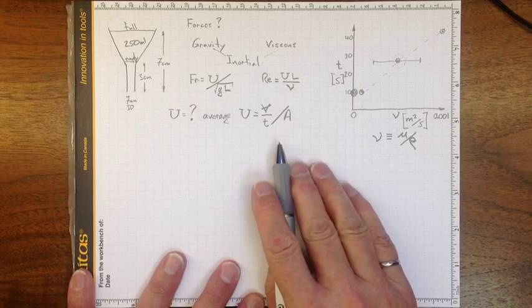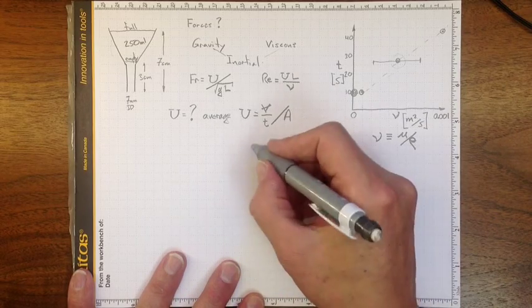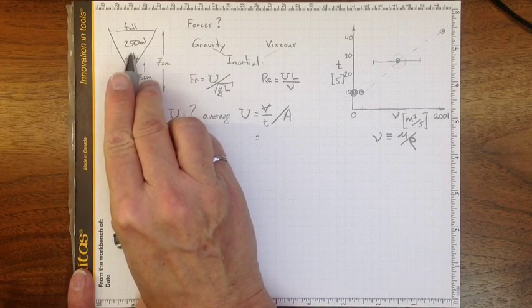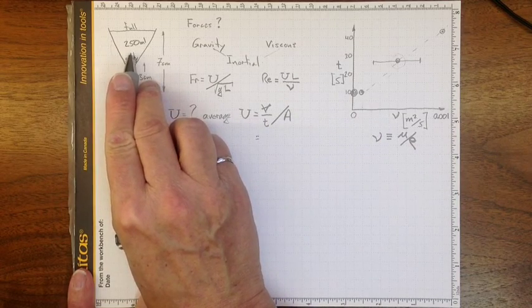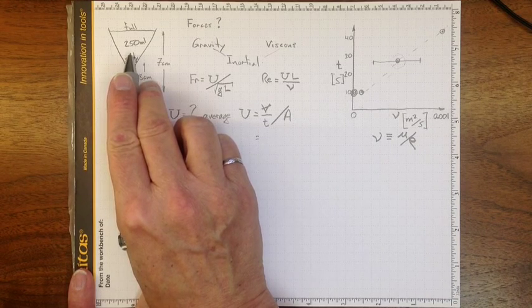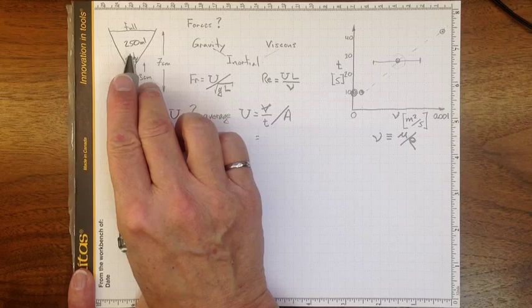So let's make sure that we get our dimensions right. The volume is 250 milliliters. That's a quarter of a liter, and a liter is 1,000th of a cubic meter.